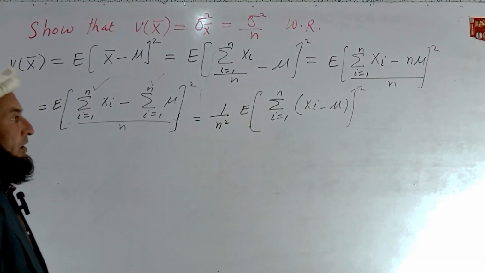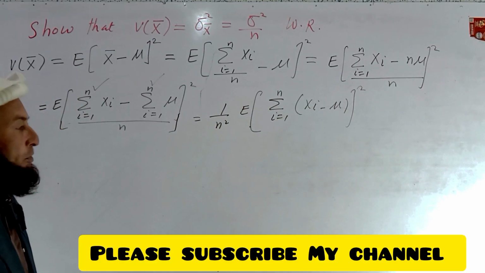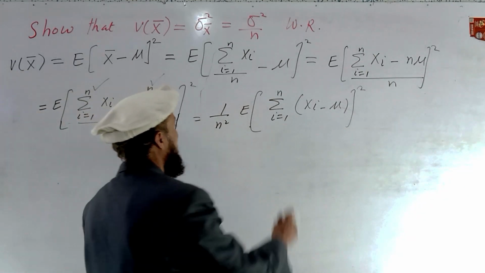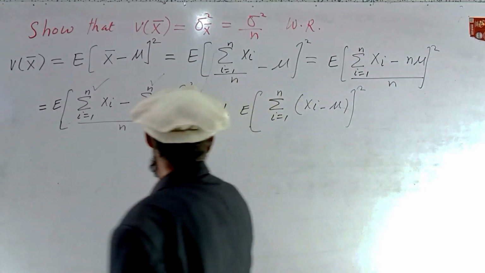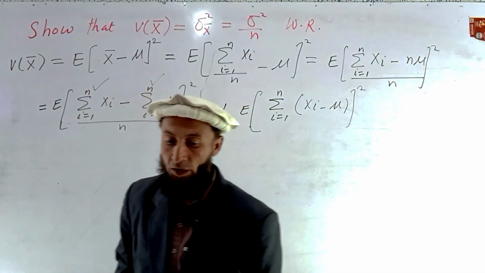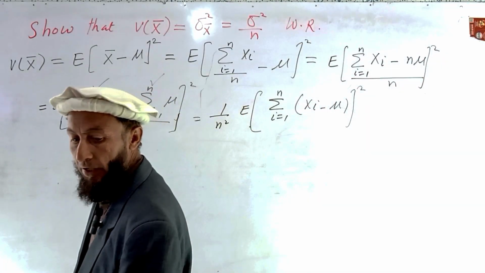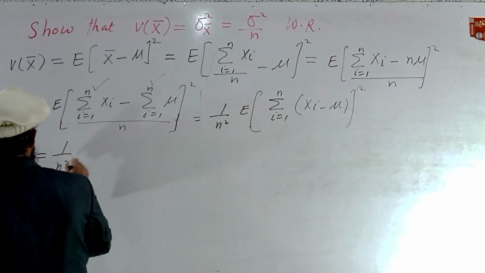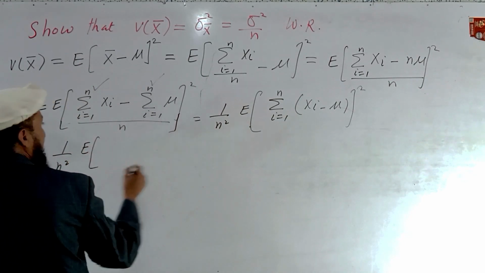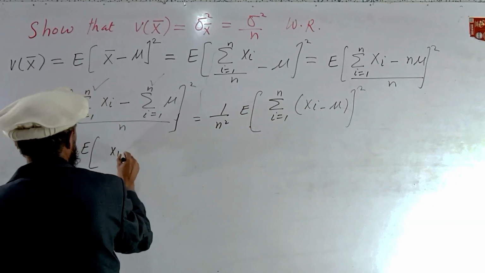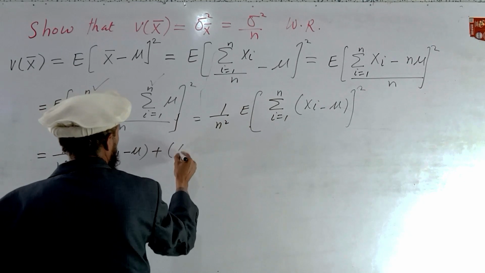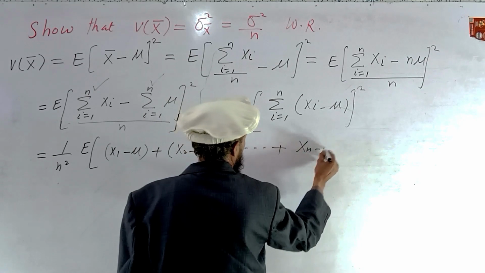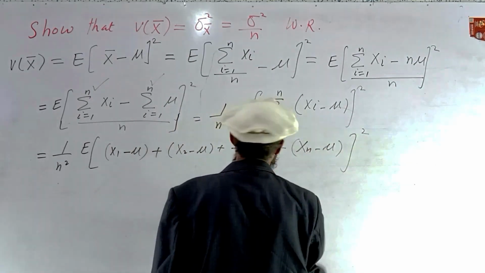Now we use the formula for a minus b whole square here. If we put the first term x1, x2 and so on, we can write 1 over n square times the expected value of x1 minus mu plus x2 minus mu plus up to xn minus mu, whole square.